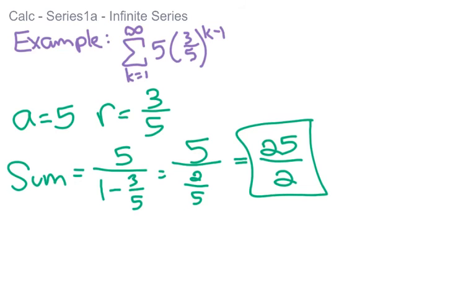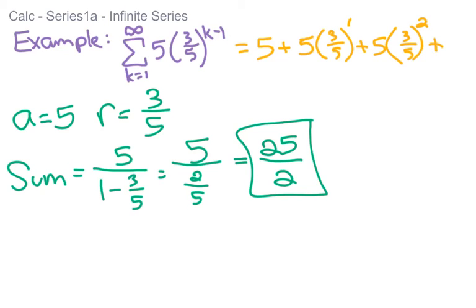Well, I have two final thoughts here, and one of them is just basically thinking about this series and basically what these terms look like. We have the first term is 5, and the second term is 5 times 3/5. The third term is 5 times 3/5 squared, and so on. So I just want you to see how these numbers are decreasing.